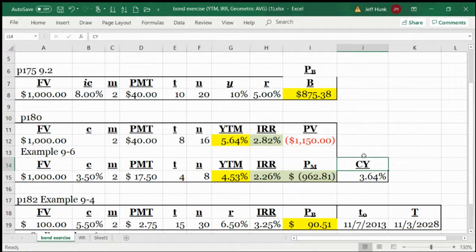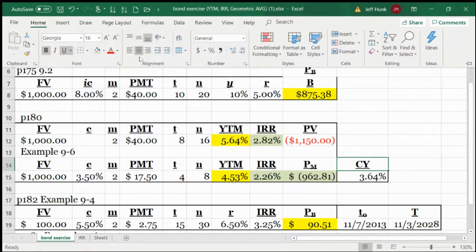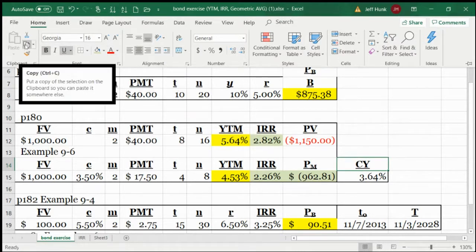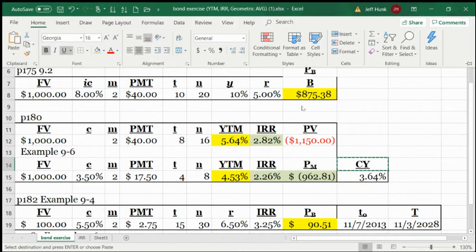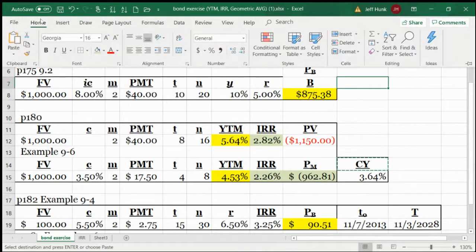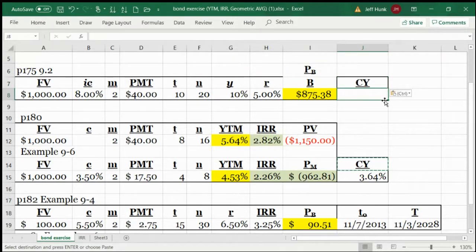What was part B? Part B was what is the current yield? Let me find the current yield first and then explain. Current yield is also called the short-term yield.